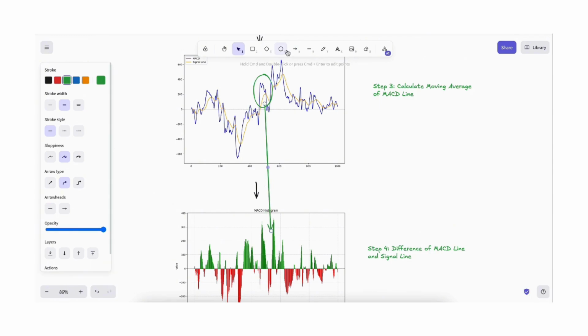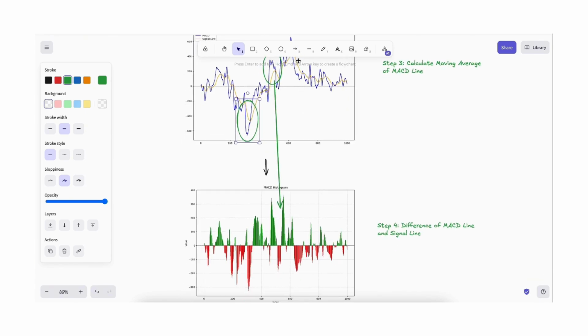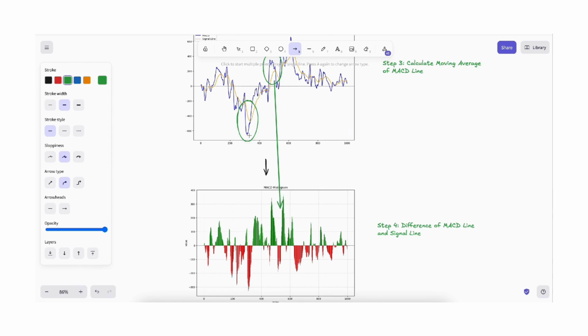Now look at the second case where the difference between the fast and the slow moving averages is decreasing really fast. Example here. And this is a case where the MACD histogram is negative.